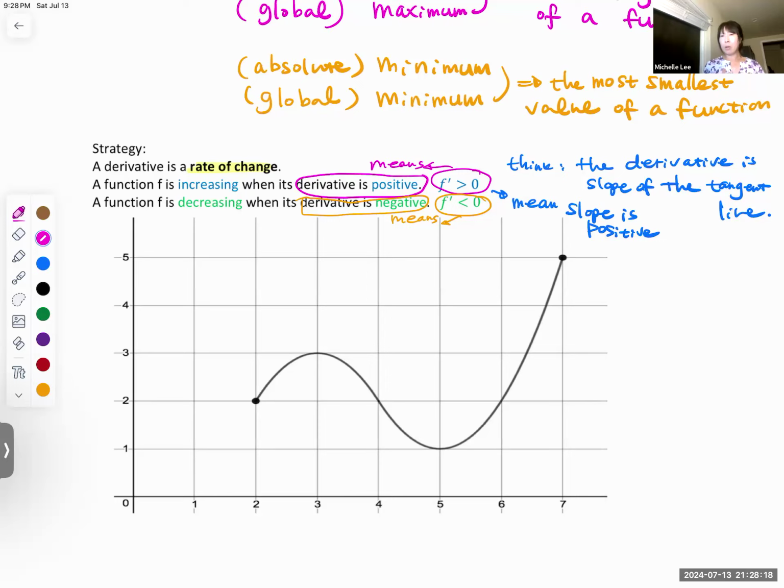Make sense? Okay, now the derivative is the slope of a tangent line, so f prime means the slope as well. So f prime greater than 0 means positive slope, and f prime less than 0 means negative slope.